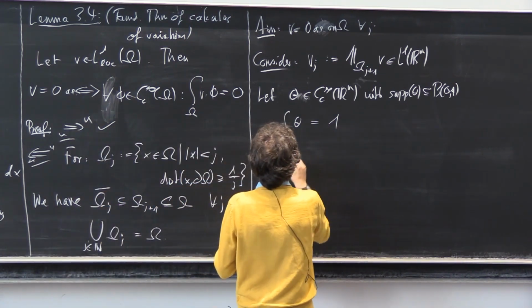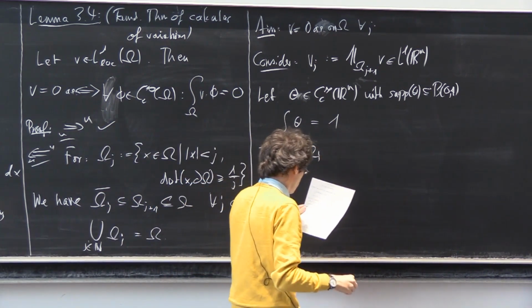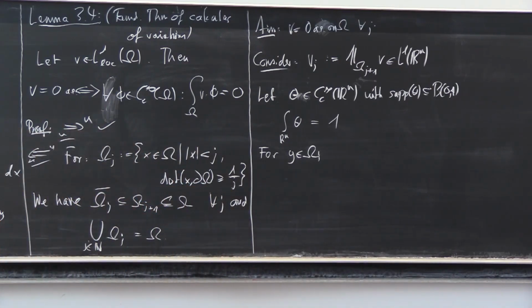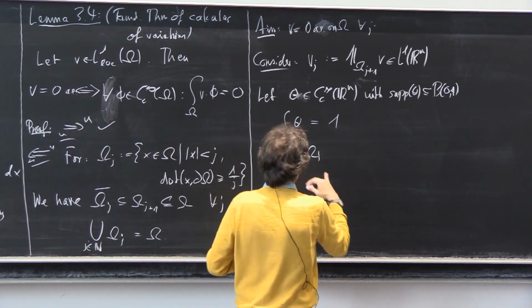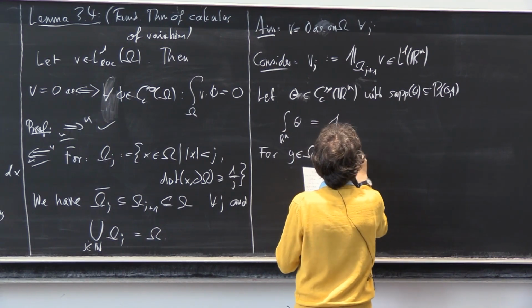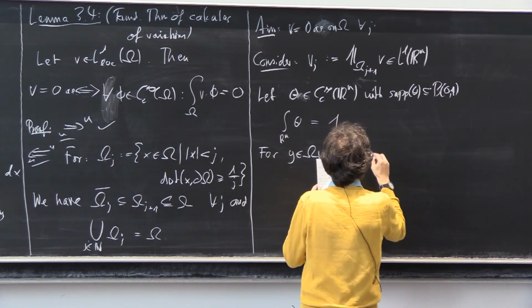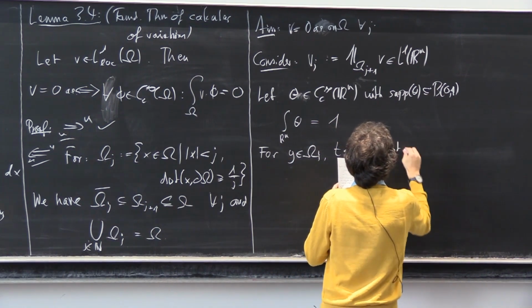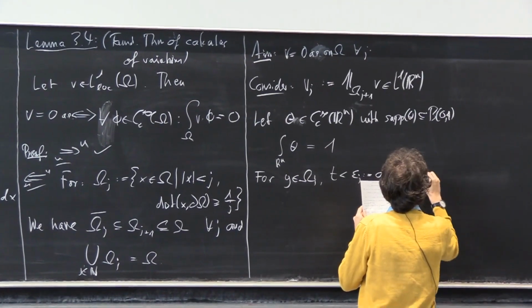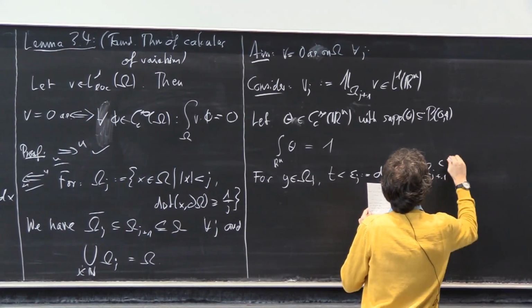So if you take a y in omega j, I need some security distance. Because if I mollify, I always flatten out things a little bit and increase the support, so I need some security distance here. So for y in omega j and t less than what I will call epsilon j, which is the distance of the closure of omega j to the complement of omega j plus 1.